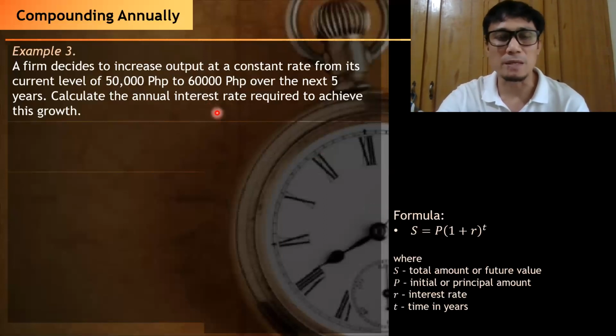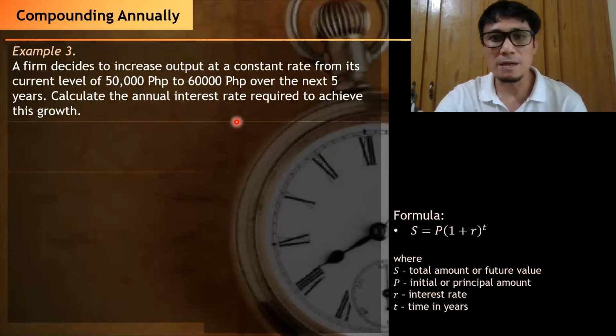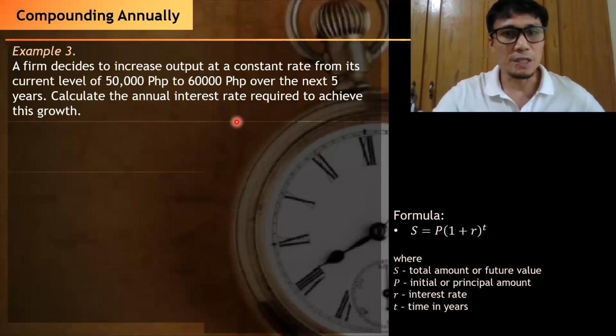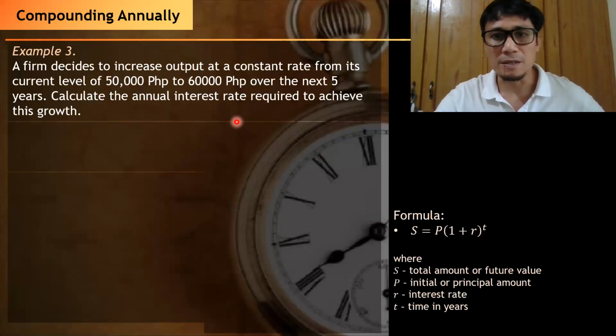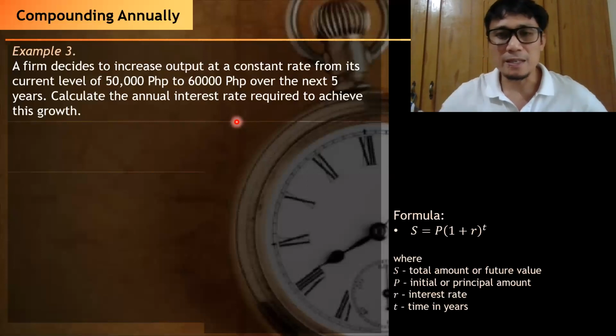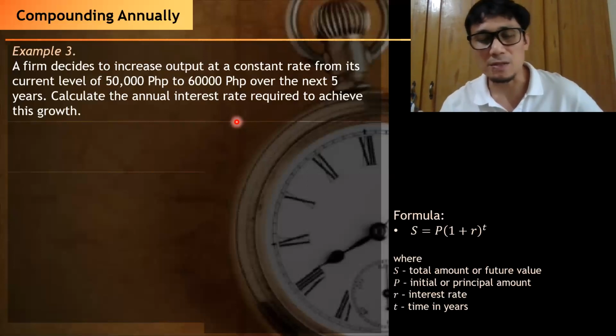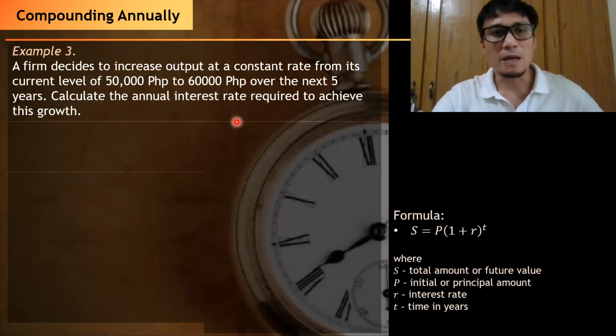So we're going to solve that. But to make it easier, I think it's easier if we solve for R first, okay? So that if you encounter the same problem, you can just use the formula for R.